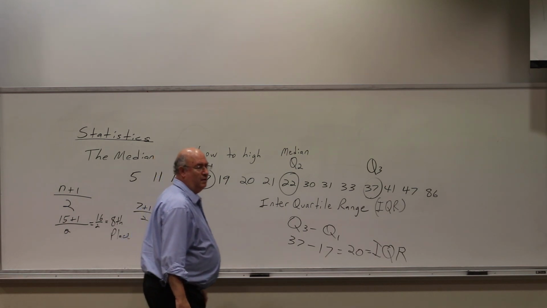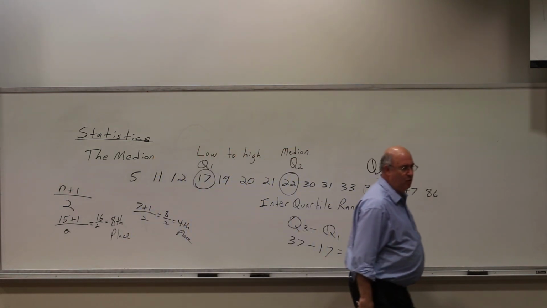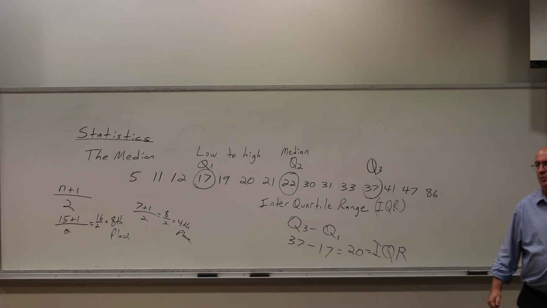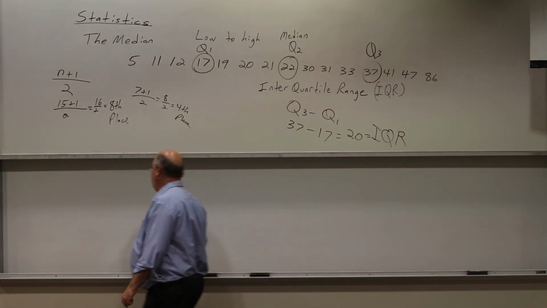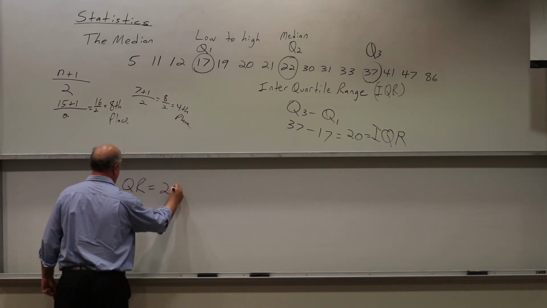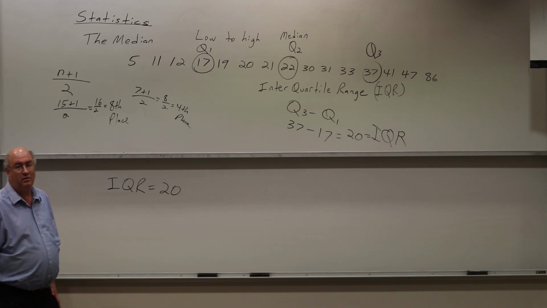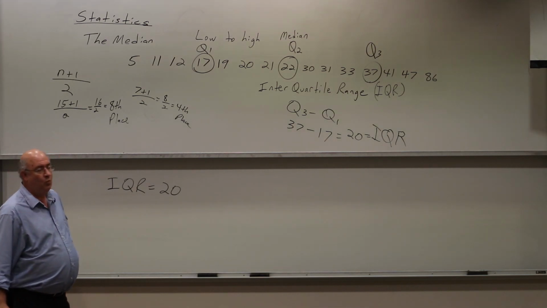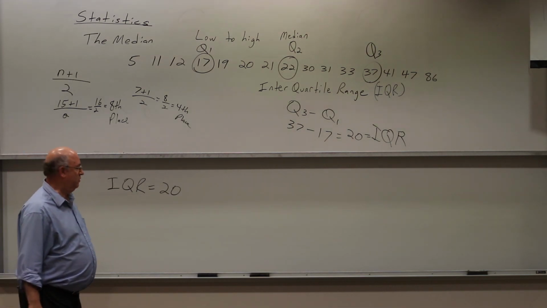That's all good to know. We have quartile 1, 2, 3. We now have the interquartile range, so IQR is 20. How do we find out what numbers, if any, are outliers?